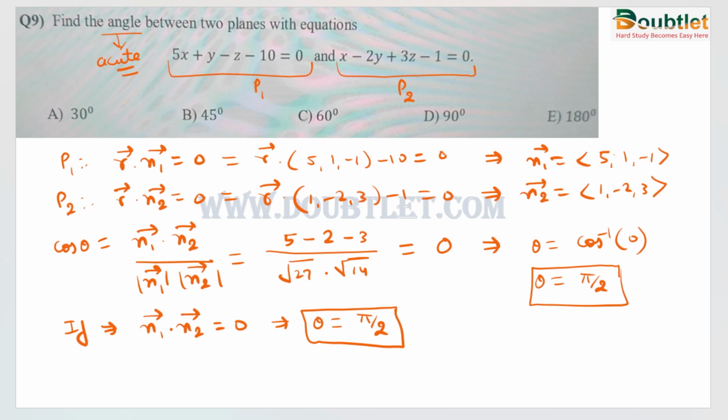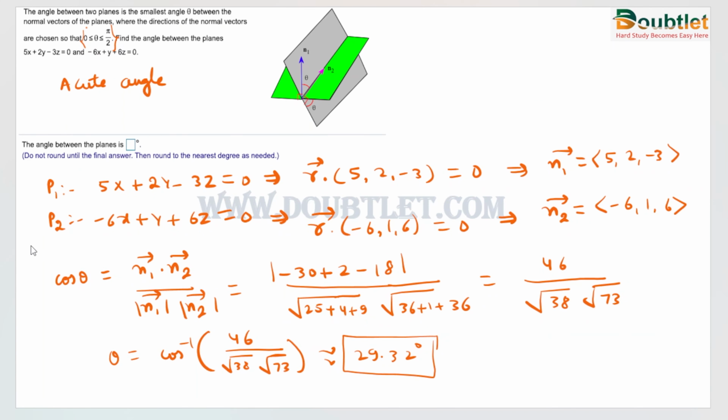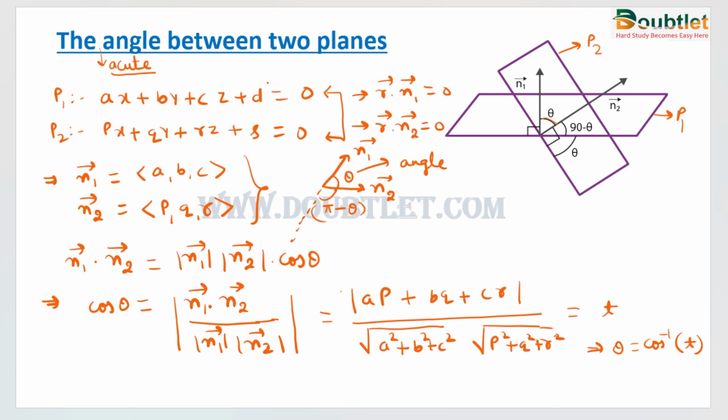But here the right answer is 90 degrees. In these questions, we have seen that there is no use of the constant terms. The only terms we are using are the coefficients. So whether we change these constant terms or whether they are present or not, it will not affect the final answer, because they have no role in the final formula for finding the angle between two planes.